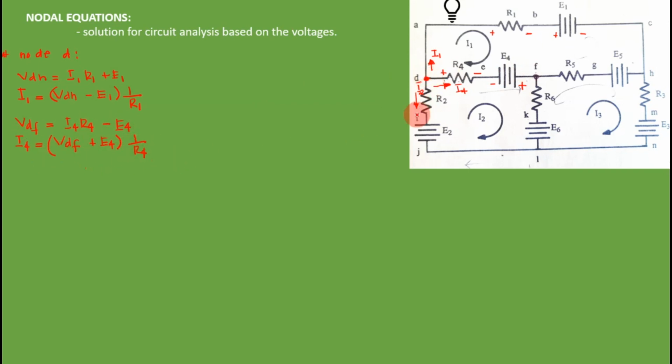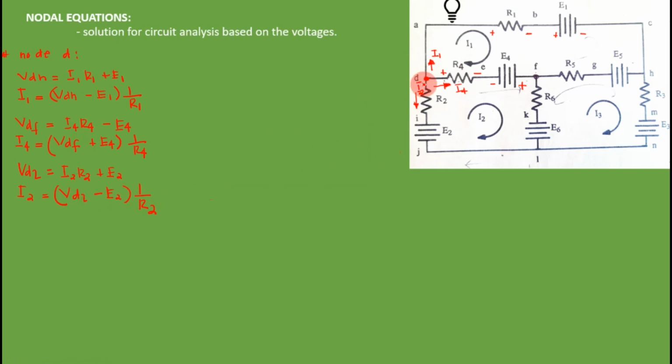And the last branch here is V sub DL. V sub DL is actually equal to, we use the same concept there, I sub 2 times R2, and then plus E sub 2. We get the I sub 2 from this point. So we have V sub DL minus E sub 2 times 1 over R2. You know how it comes out, just manipulate it algebraically.